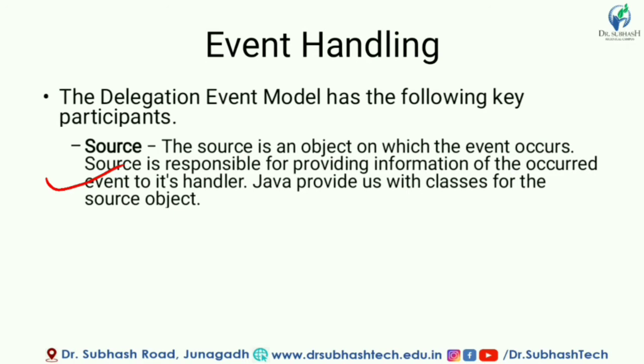For example, clicking on the button is the information about the event, and that is provided to the handler. Java provides us with the classes for the source object, and various classes for various events.